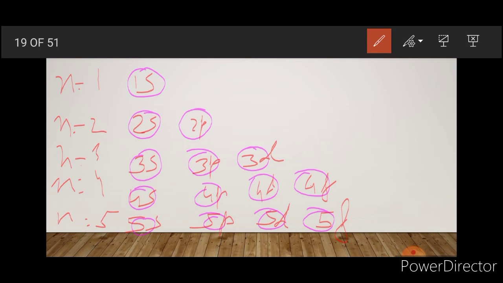Now, a very important thing, we are going to make arrows. Let's start.